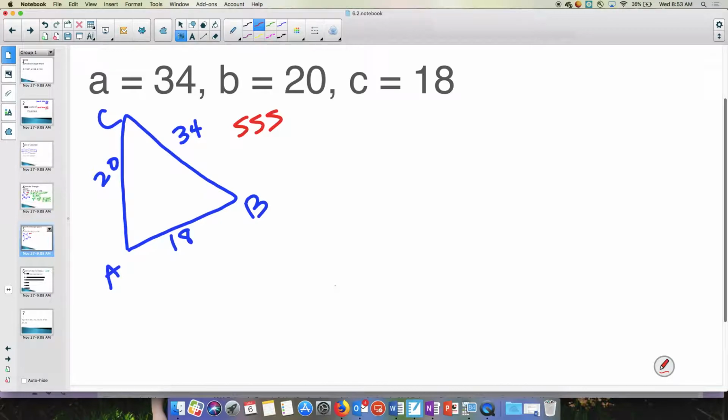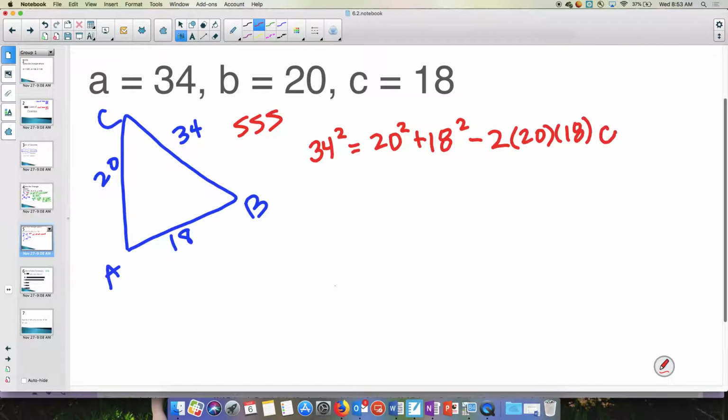And then we don't have to worry about which one we find with the law of sines. So let's find angle A, since it is the biggest. So that means we would have side A squared equal to side B squared plus side C squared minus 2 times side B times side C times the cosine of angle A.